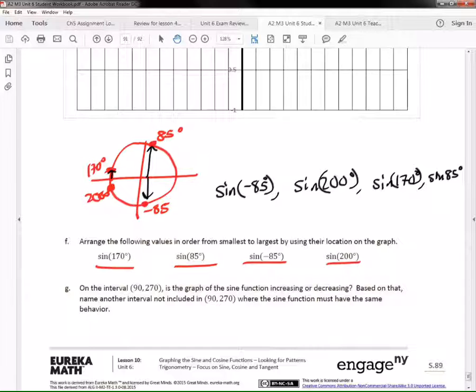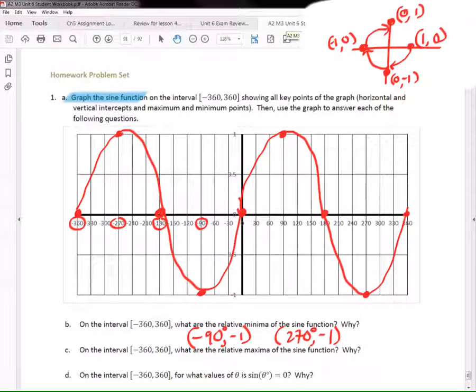So I'm looking at the unit circle to do this, but you can also look at the graph that we had earlier. Okay, let's check out the graph we had earlier. Here's our graph again. I think the first one was 170, right? 170 is right about right here. That's 170 degrees. And then the next one was 85. 85 is right about right here.